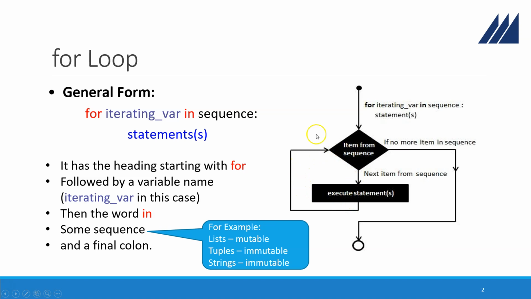If there's another item in the sequence, you assign it to the variable and execute the statements, and you keep going over and over until, when you come back to the header, you find out there are no more items in the sequence. You've checked them all. At this point you skip the loop and continue to the rest of the program.